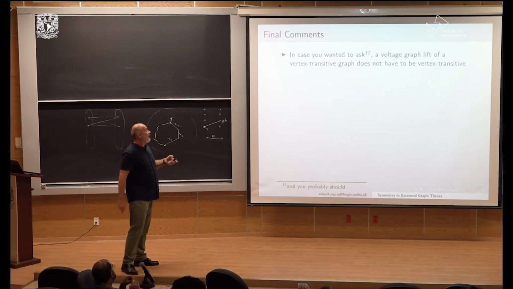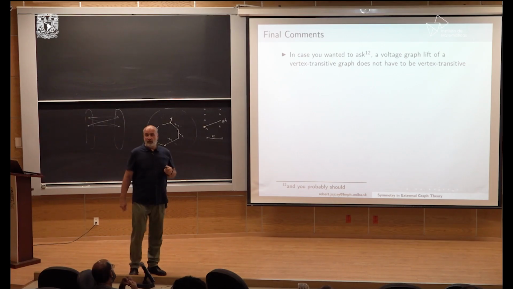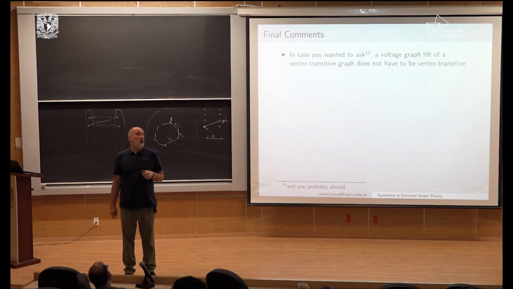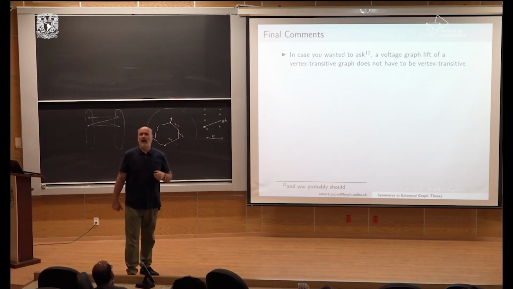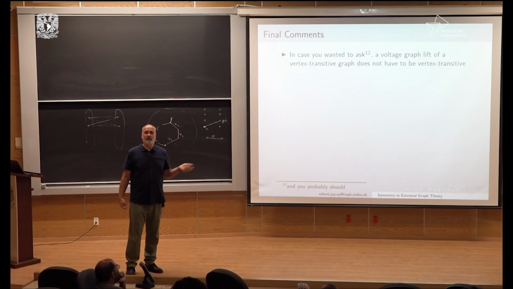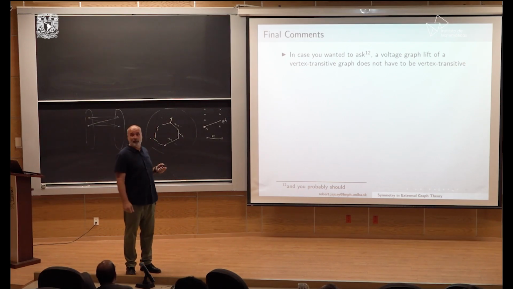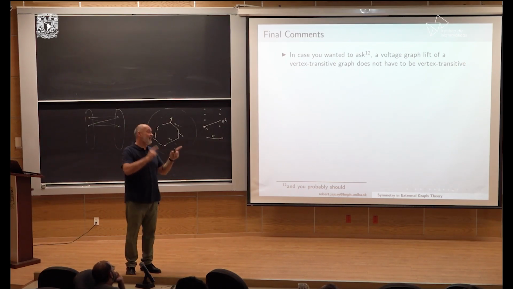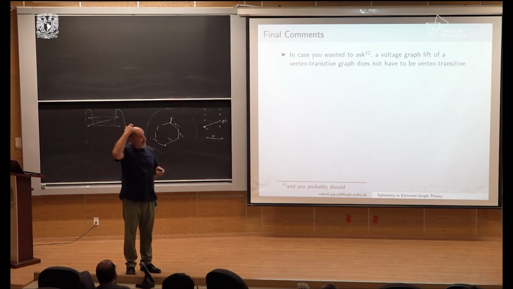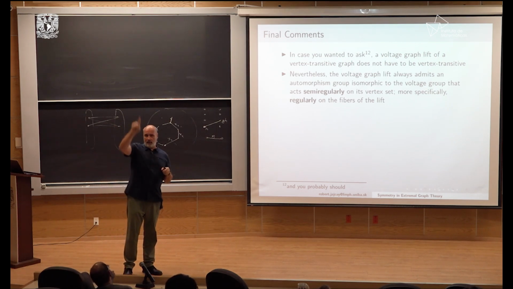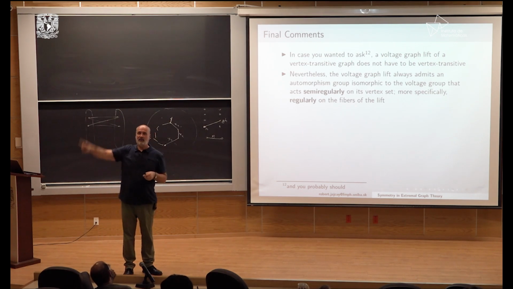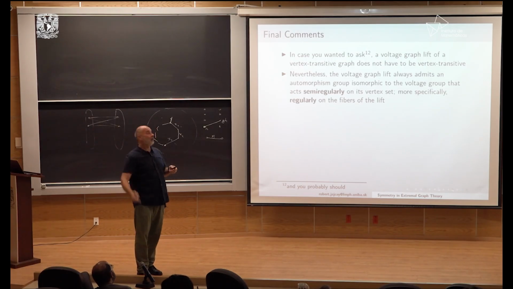Right. You should have asked whether lifts are vertex transitive. No, they're not. That's embarrassing. I keep saying that the best possible thing to do is vertex transitive, and now I'm advertising for graphs which are not. But they are still highly symmetric in the sense that the group that you're using acts regularly on the fibers, fibers being these things that you get from a vertex by doing all the elements.